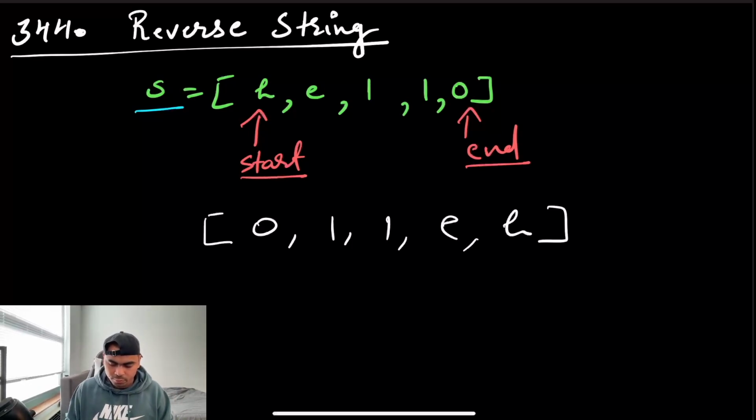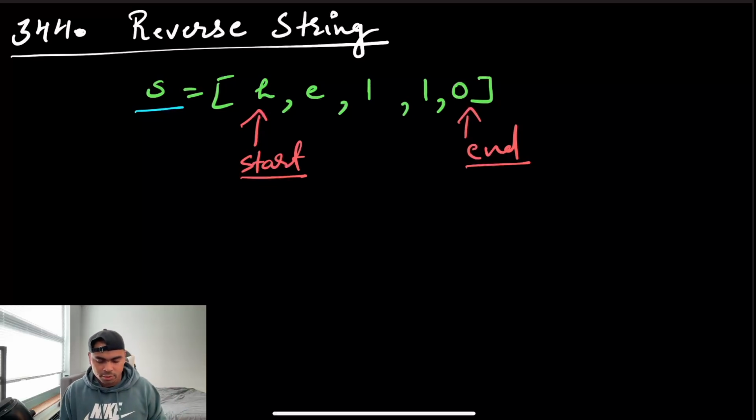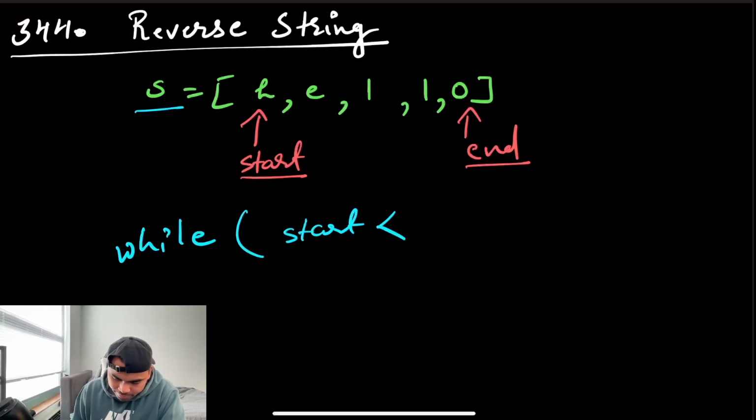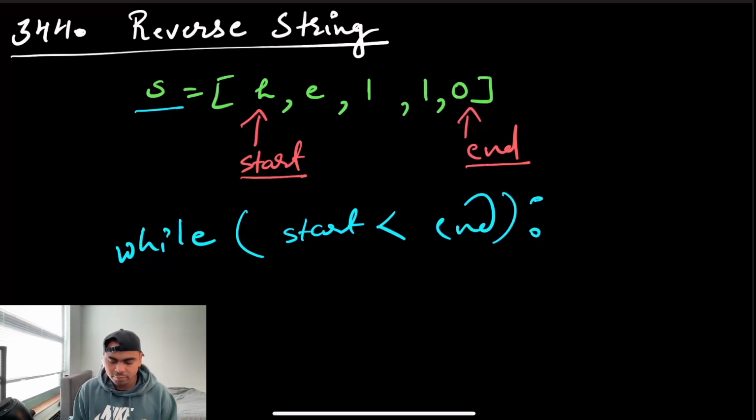And what we do is we iterate using a while loop, checking while start is less than end, right? You don't have to reverse whatever comes in the middle, but we keep increasing the start pointer and decreasing the end pointer one by one. It doesn't matter what the length is, even or odd, as long as start is less than end. What we want to do is just swap the values of these two pointers.